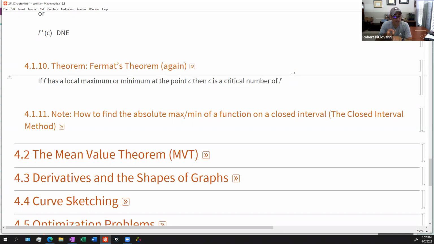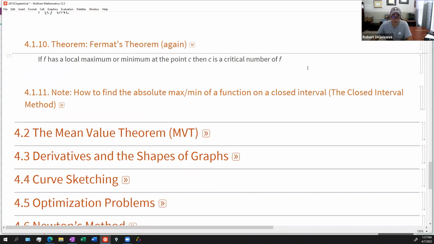So that means that if I ever want to find the local maxes and mins of a function, I should probably go find the critical numbers, right? If I can find the critical numbers, then I can at least try to identify where the local max and mins are.